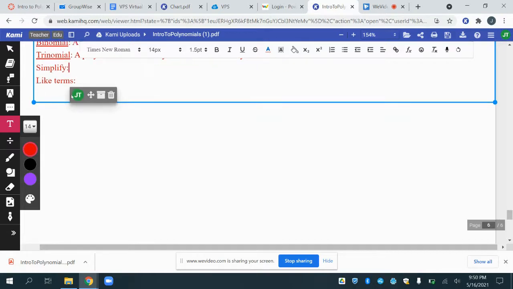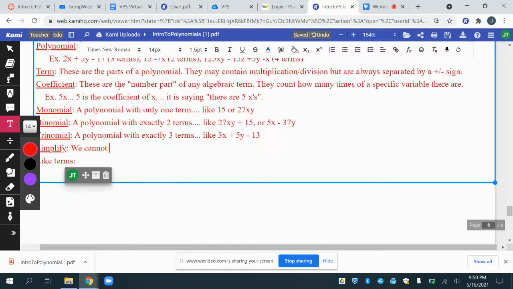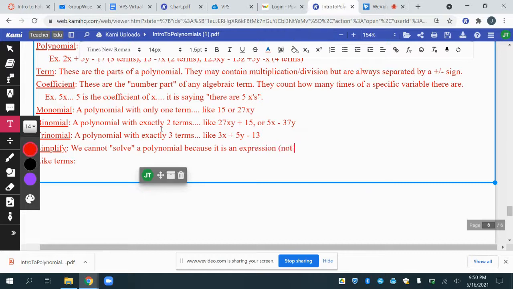Okay. To simplify, we cannot solve a polynomial because it is an expression, not an equation. Remember, in equations, we add or subtract or multiply from both sides.